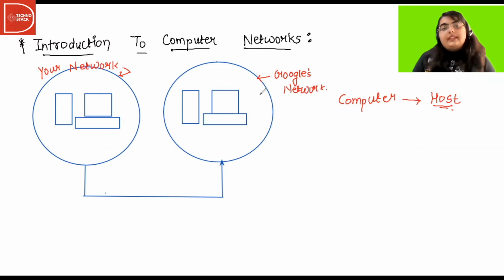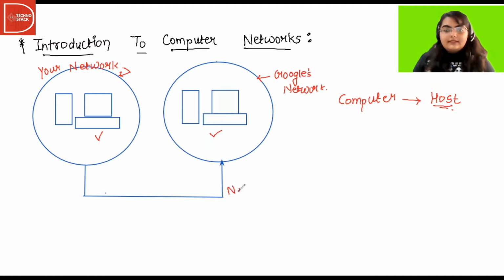Now, if I have two computers and want to connect them, there are internal ways of doing that. But if I want to connect my computer with the Google server, then I need an external connection, that is internet, and then I need an external network.